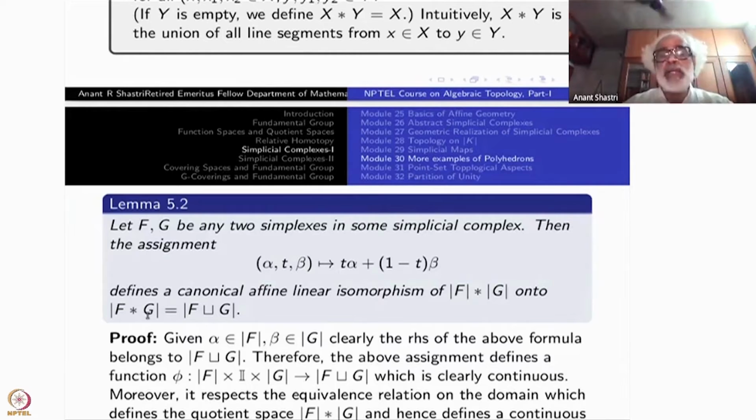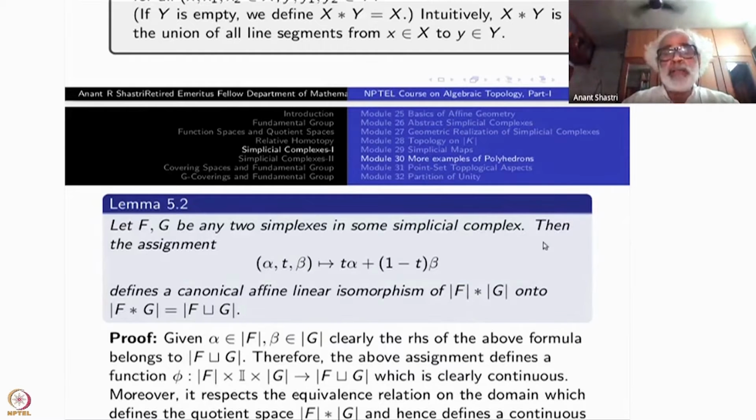Then f star g is just a simplicial complex on the disjoint union of f and g. All subsets of this will be there because they can be written as a subset of f union a subset of g. So there are two different ways of writing f star g: take the disjoint union and then take the full subcomplex, take the modulus of that, which is linearly isomorphic to mod f, mod g, and then take the join. So this is the statement.